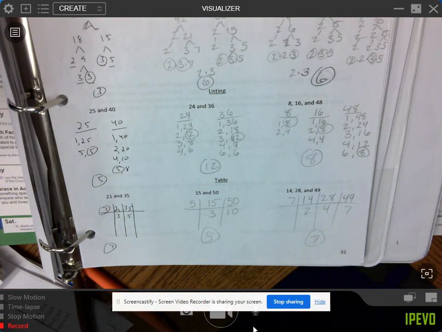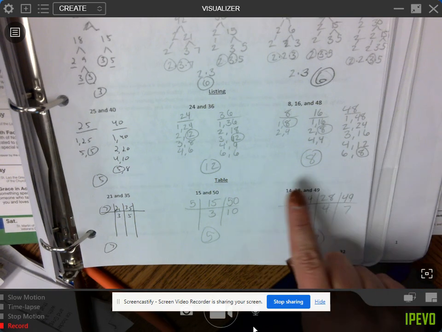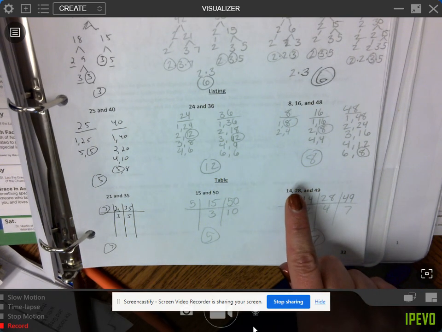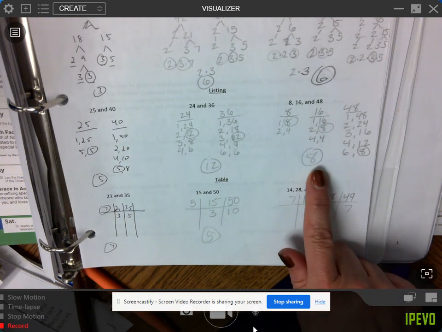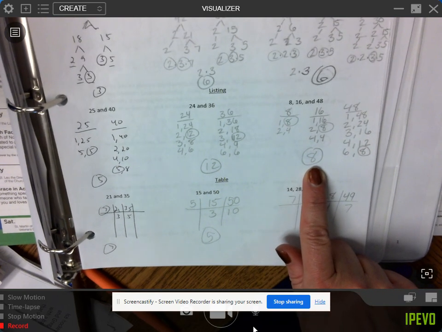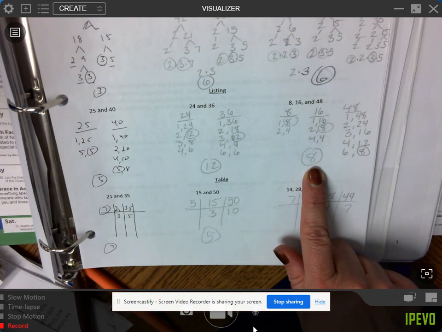As I was walking around, I noticed some of us did not list them all. If you miss some factors that you're listing, there's a good chance you could miss what the greatest common factor is. So if we look at it, the biggest number they all shared is the 8. So the greatest common factor for those three numbers is 8.